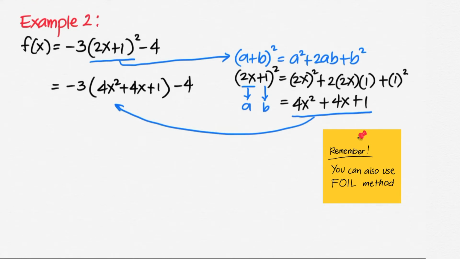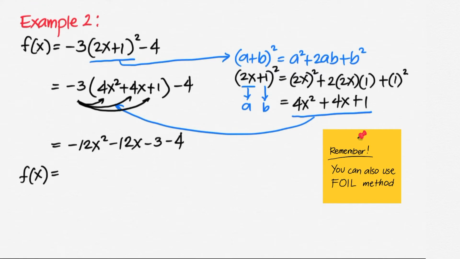With distributive property of multiplication, negative 3 times 4x squared is negative 12x squared. Then negative 3 times 4x is negative 12x. Negative 3 times 1 is negative 3 minus 4. Then let's combine like terms. Function of x equals negative 12x squared minus 12x, and then negative 7.